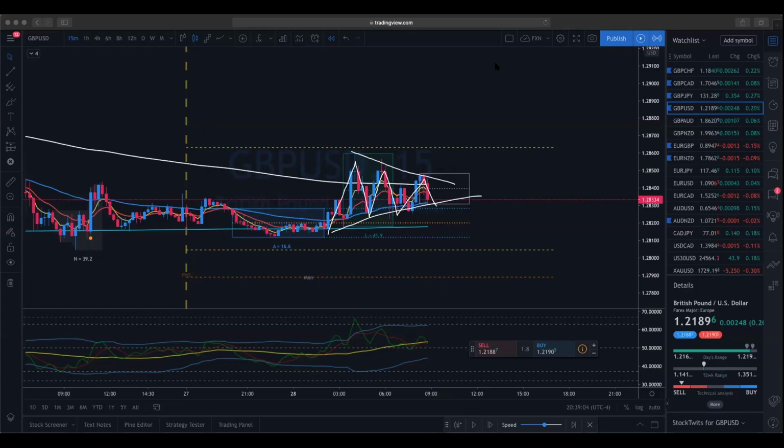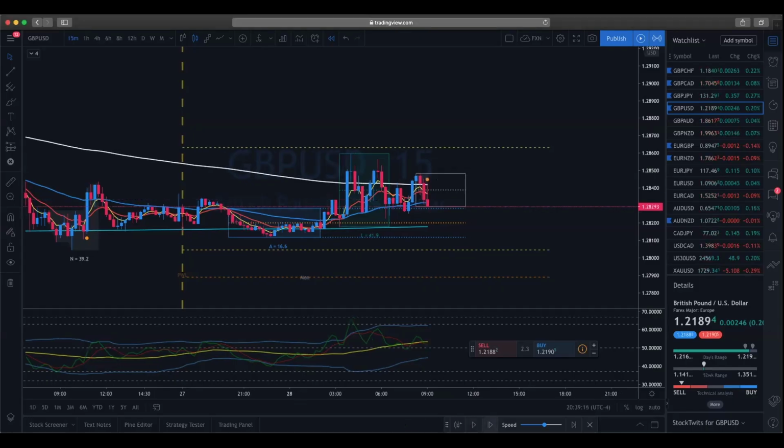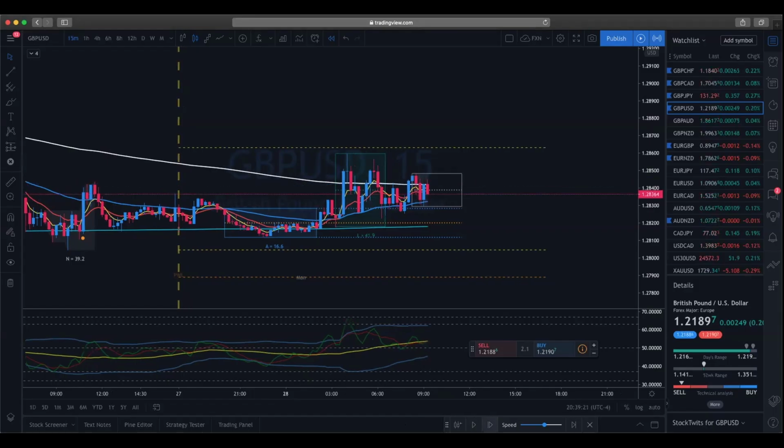But really the question becomes, are we going to get any kind of setup to actually trade this? Anybody see anything yet? Right, railroad track.